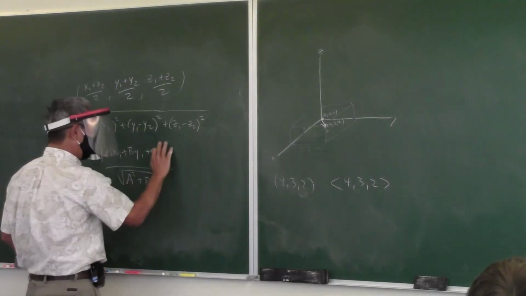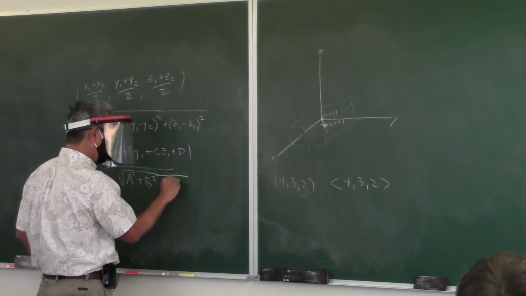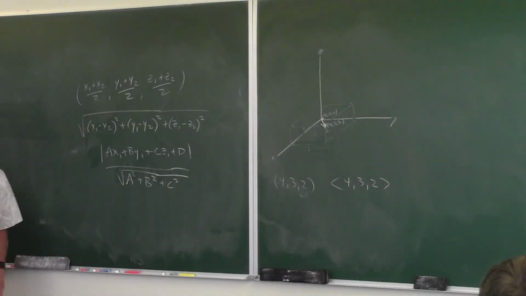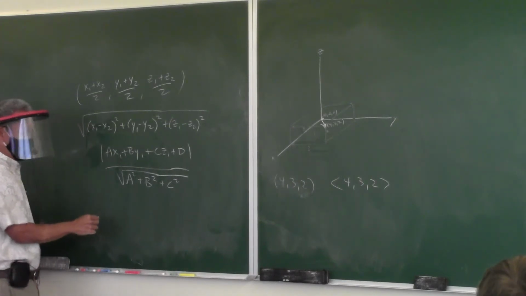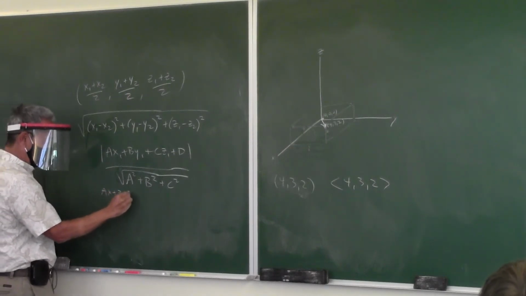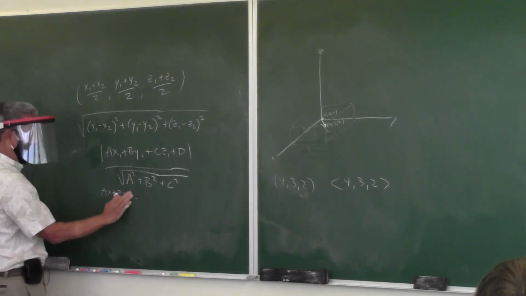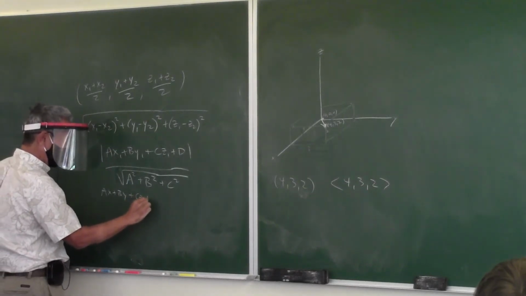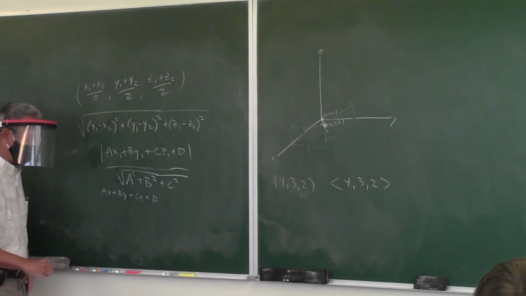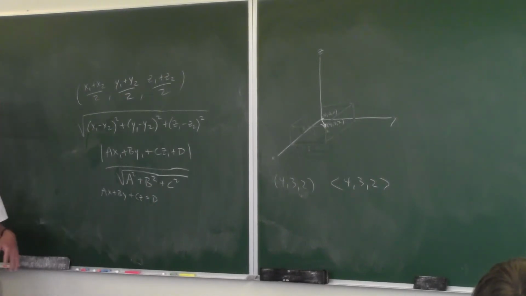Well, I'll tell you. There. This is the distance between a point and a plane. Some of you are going, what's going on? In 2 dimensions, what is this graph? A line. In 3 dimensions, what is this graph? It's a plane. It's not a line. It's a plane.